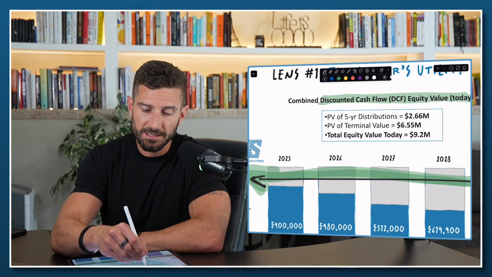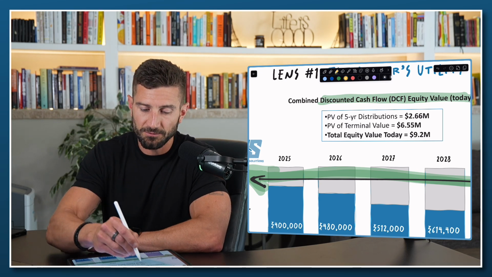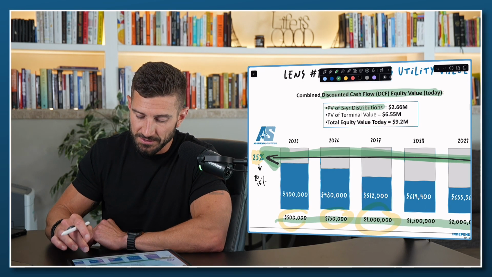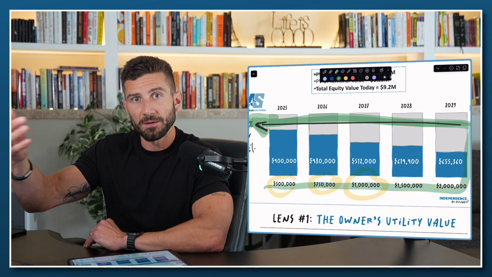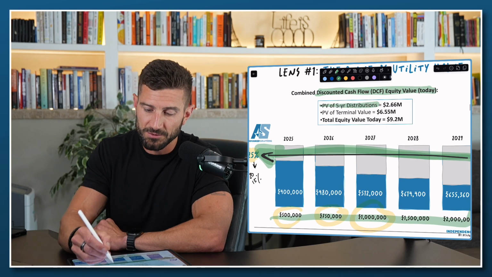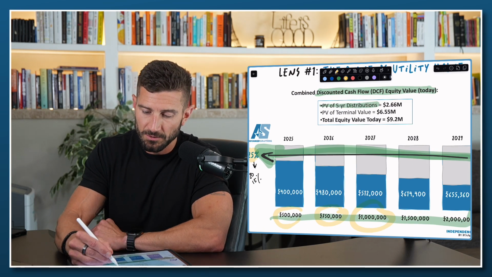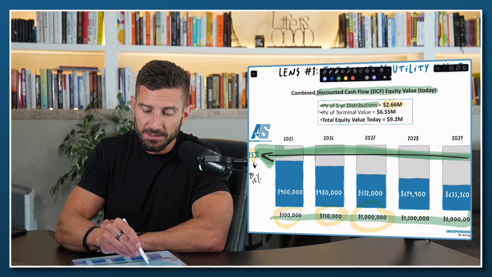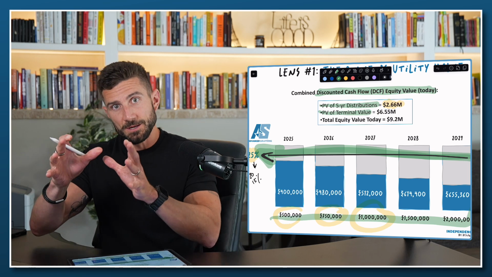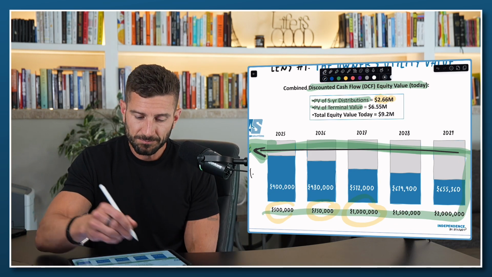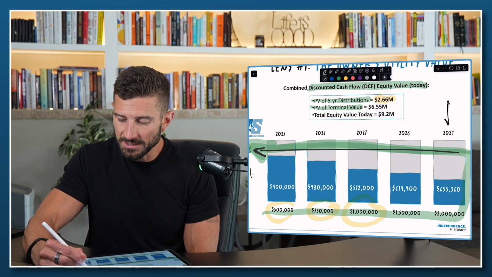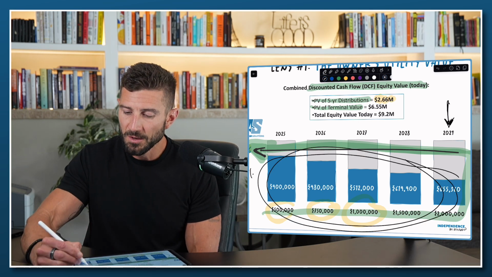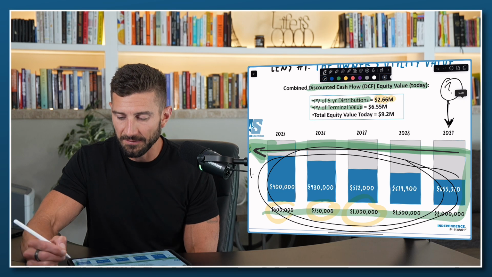So what we did here in the discounted cash flow is we took the present value of those distributions, brought them to today using that discount rate of 25%, which led us to this 2.66 million. Then we took the present value of the terminal value. When you take this last year, the company's not going to disappear. So you're going to capture all of this cash flow yourself, but then what would it be worth at that point in time?